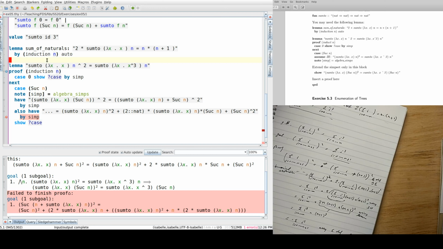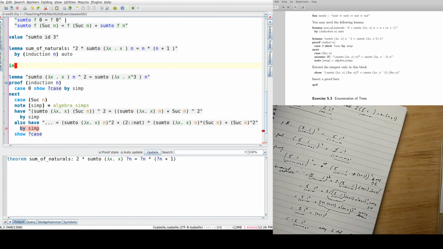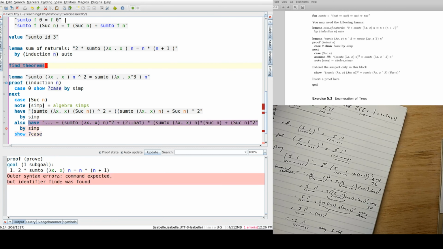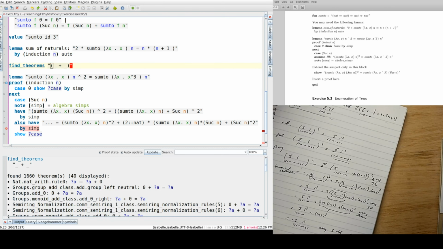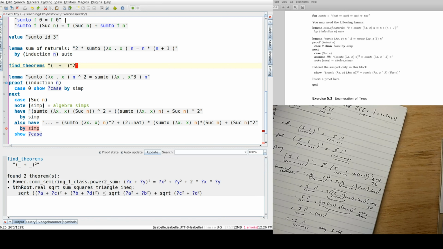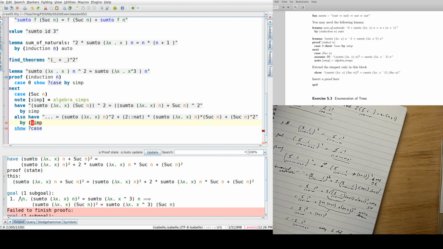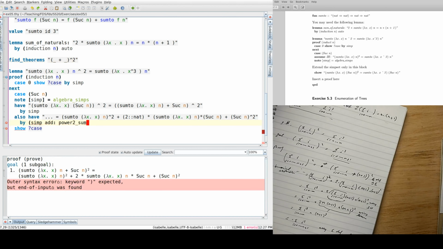So let's see. I'll just see if we have an answer with find theorems. So something plus something squared equals, yeah, that's the binomial expansion. Power to sum, so simp. And part to sum.